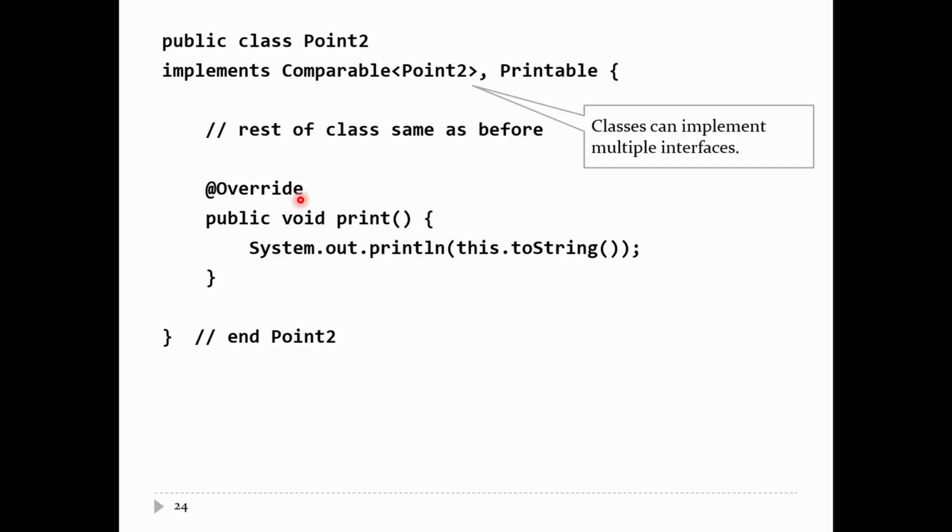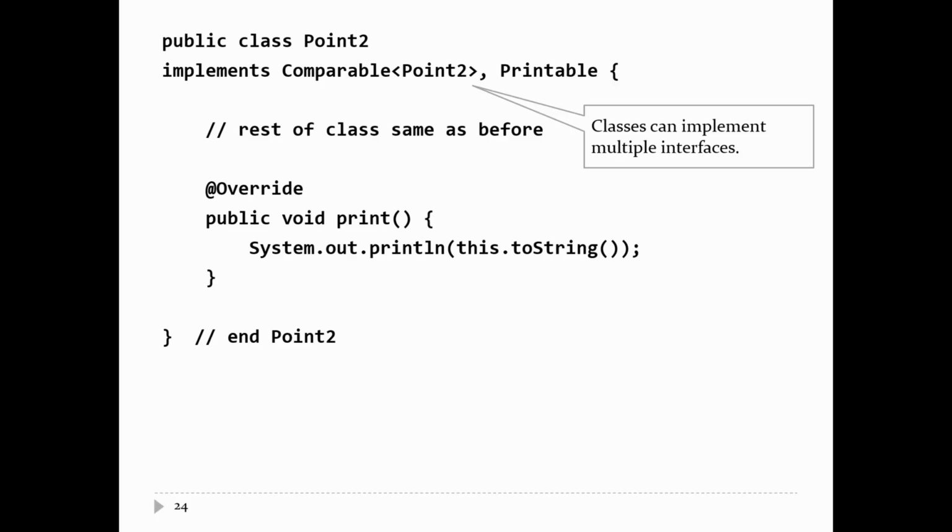You can put in the @Override tag if you like. If you put it in, the compiler will check: is there a method public void print in the interface Printable? If the answer is yes, everything's fine. If the answer is no, for example, suppose you spelled print wrong, the compiler will tell you, hey, you're not implementing the correct method in Printable.